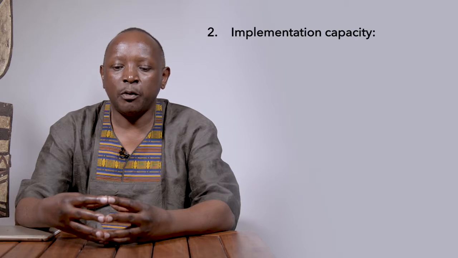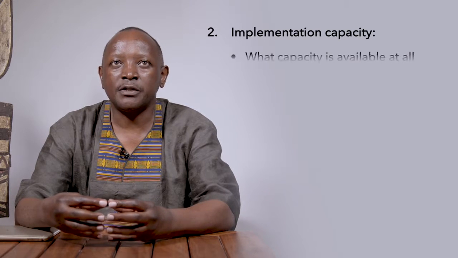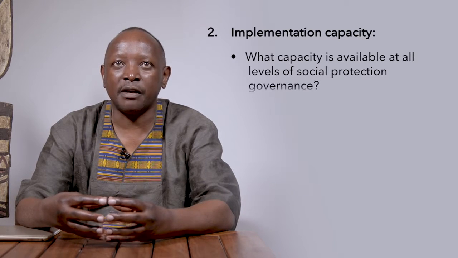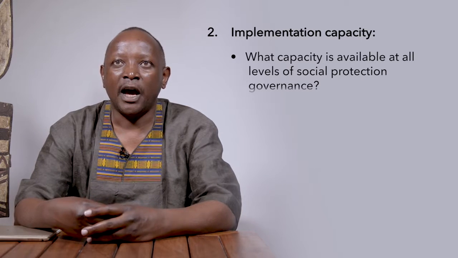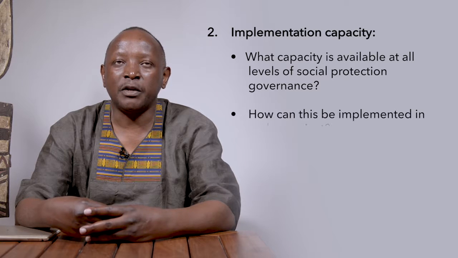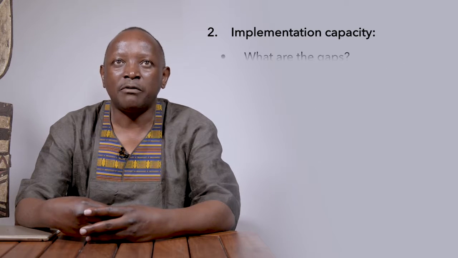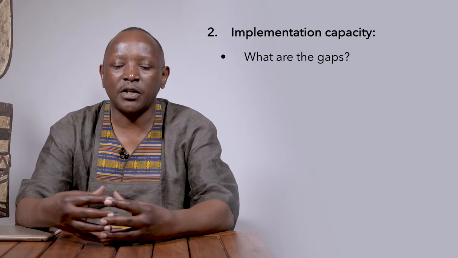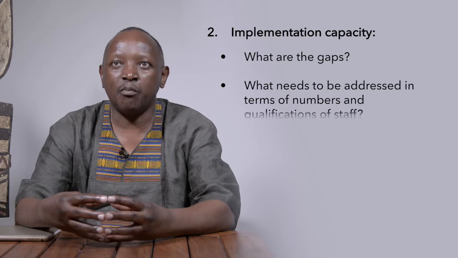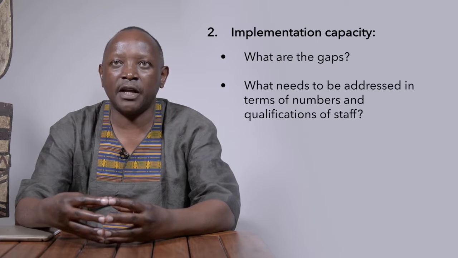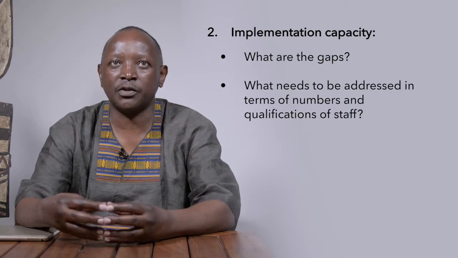When looking at the implementation capacity, we have to establish what capacity is available at all levels of the social protection governance and how this can be implemented on such a project. We have to ask ourselves what the gaps are and what needs to be addressed in terms of numbers and qualifications of staff that are supposed to be carrying out this function.